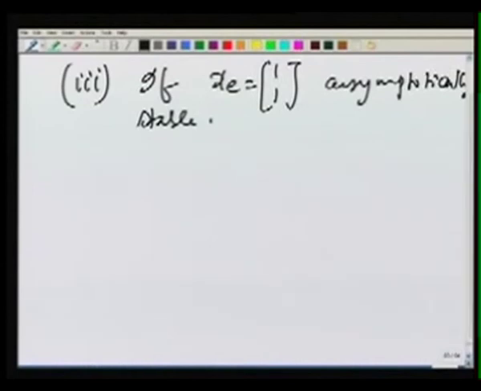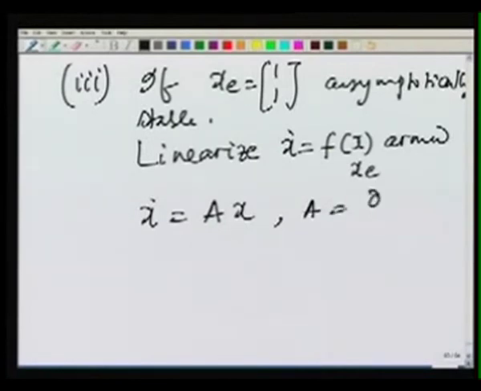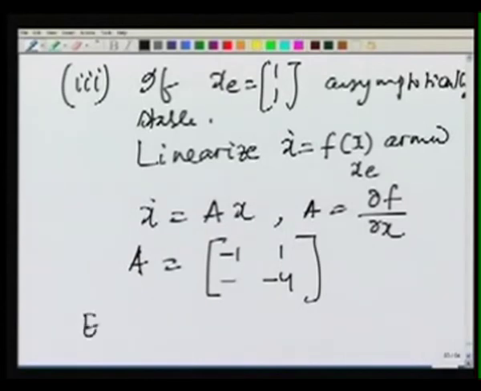So, if you linearize f x around x c, then you get x dot equal to A x, where A is del f upon del x, and please verify A will be minus 1 1 minus 1 minus 4 and the eigenvalues are minus 5 plus or minus root 5 divided by 2.